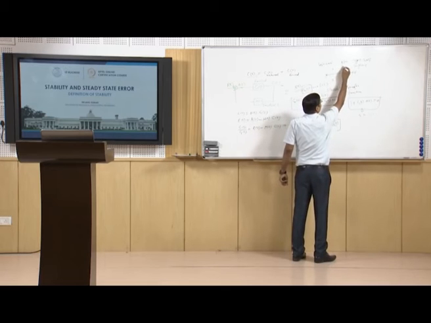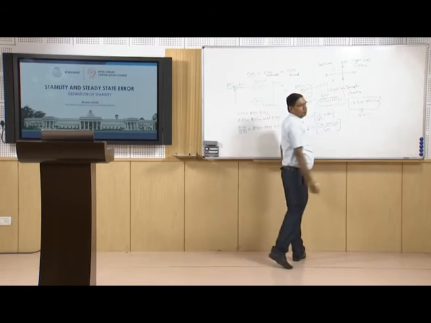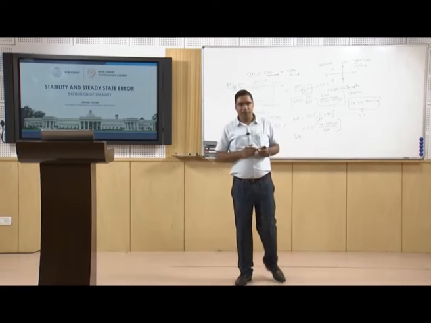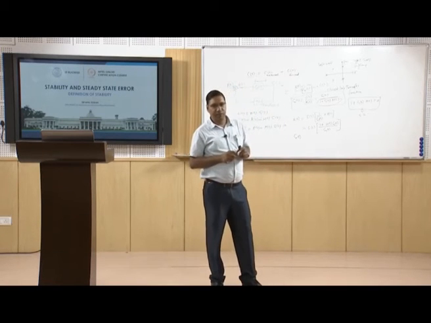However, what happens when the pole is on the j omega axis or imaginary axis?